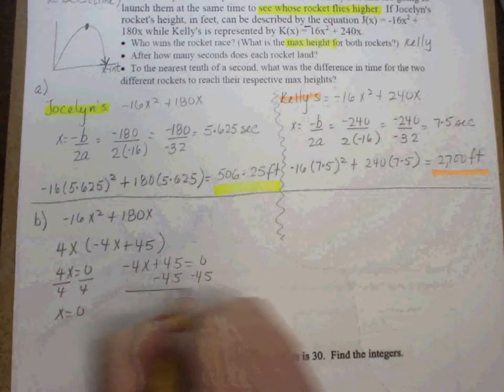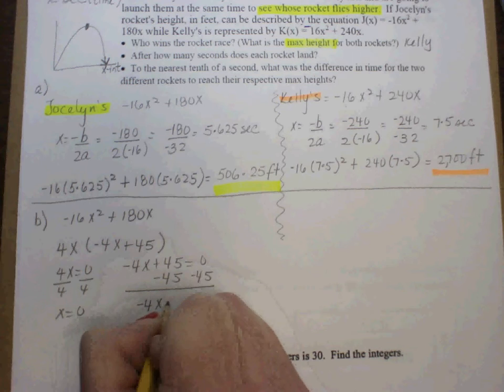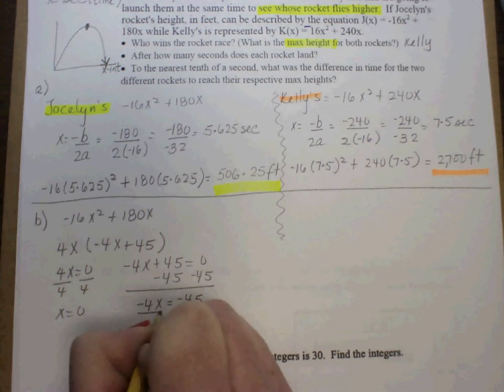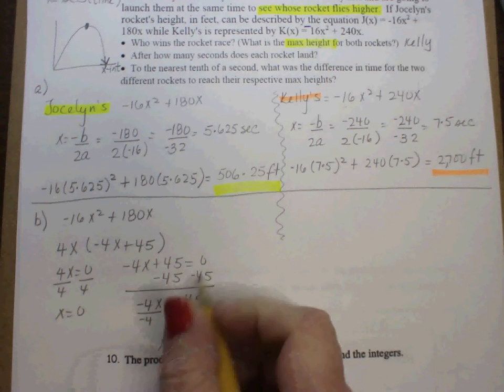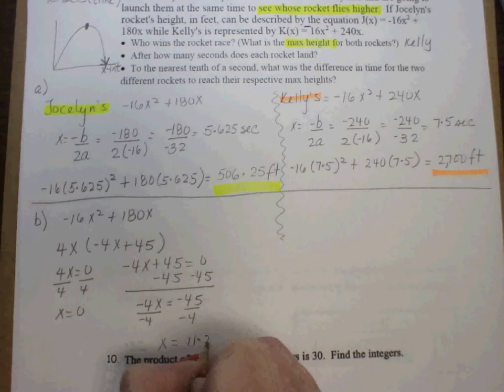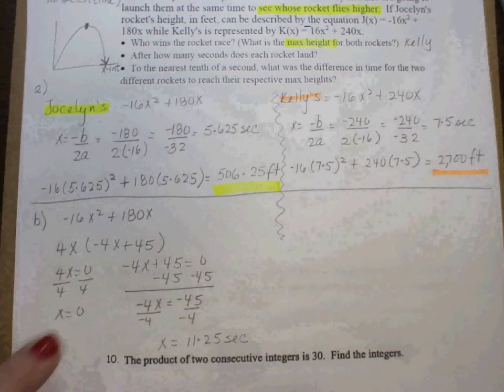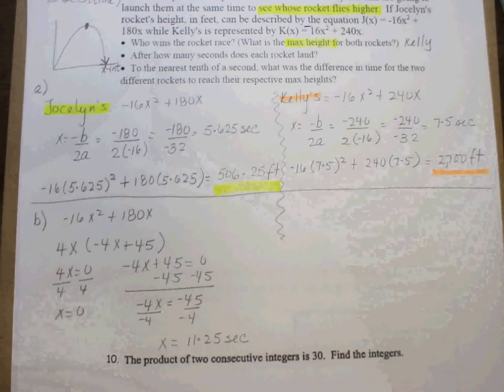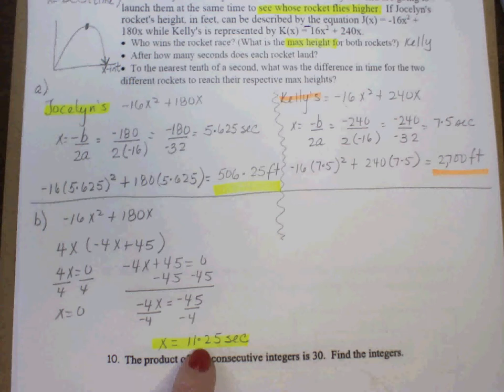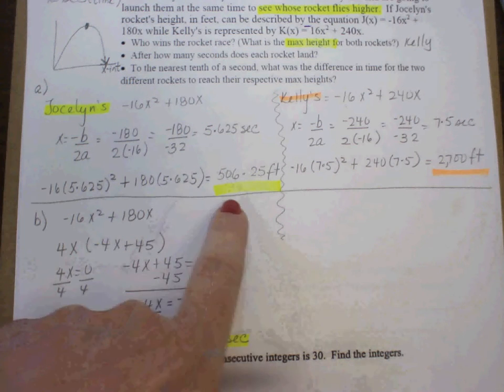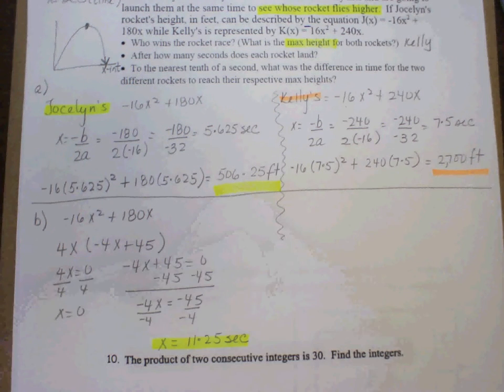Divide by negative 4, and the other x would be 11.25 seconds. We're not going to use 0. We're going to use 11.25 seconds to hit the ground, because it flies up to 506 feet.